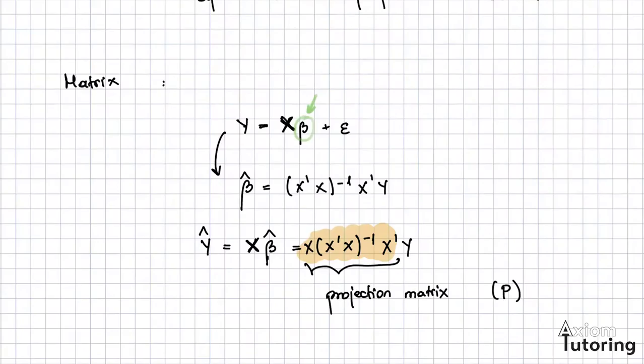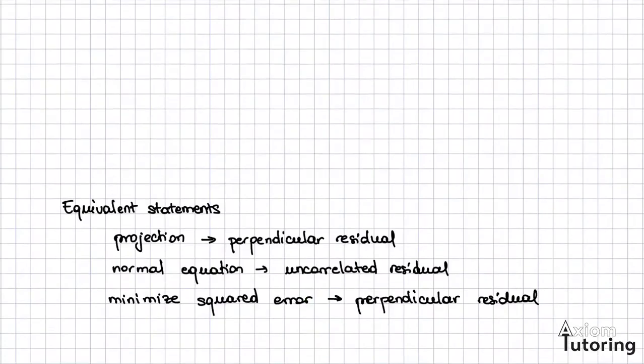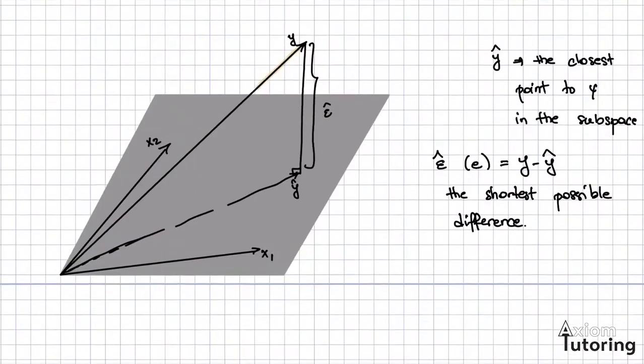Now, what is this projection matrix? The projection matrix basically takes any vector, and in our case it's y, and projects it into the subspace spanned by the columns of X. Basically the same process that we just did by drawing this graph.